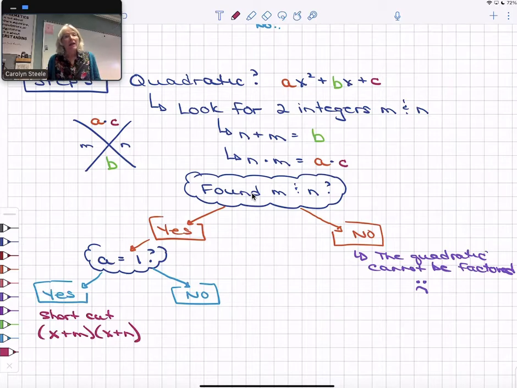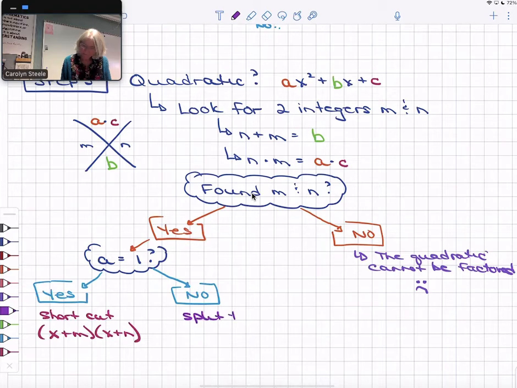So that's the shortcut. If a is not equal to 1, it might be another number. You're going to split that middle term. So it's going to look something like ax^2 + mx + nx + c.